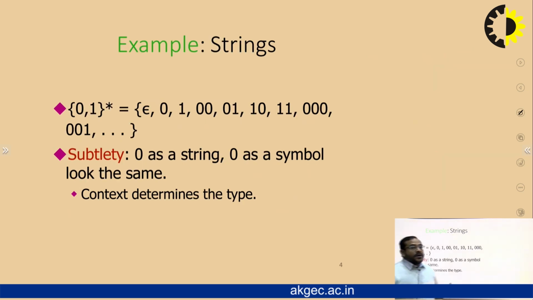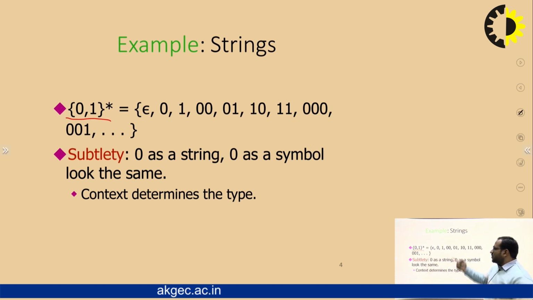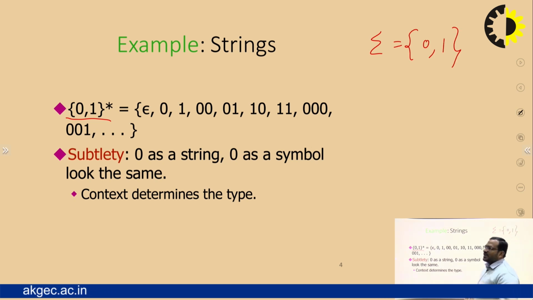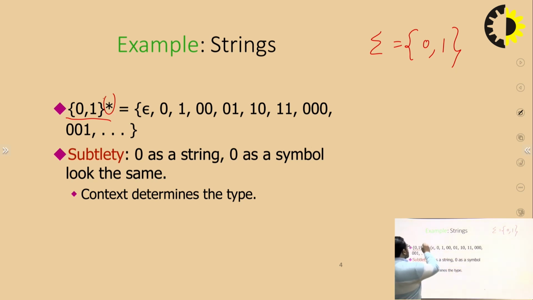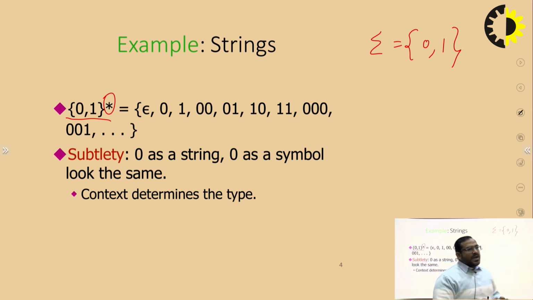Understood? For example, I will take {0, 1} star. What is {0, 1}? I already told you that it is sigma. These are the alphabet, or the symbols, and by using these symbols you can create strings. And what does star mean? Star means any combination of 0, 1, so you can create a string of any length.